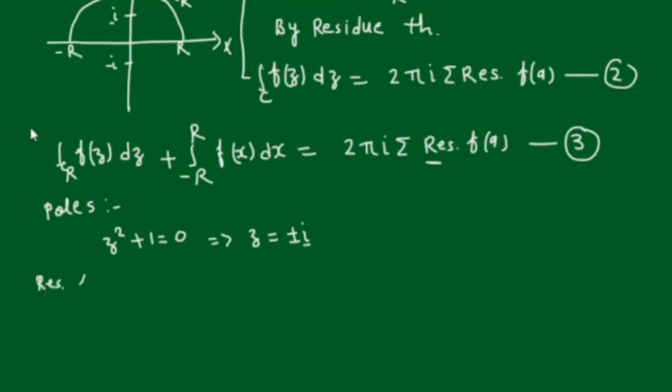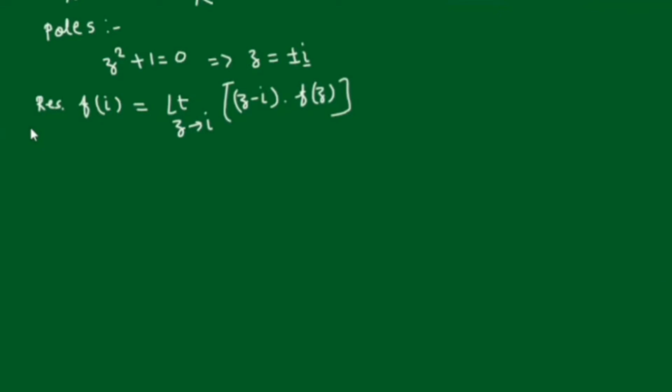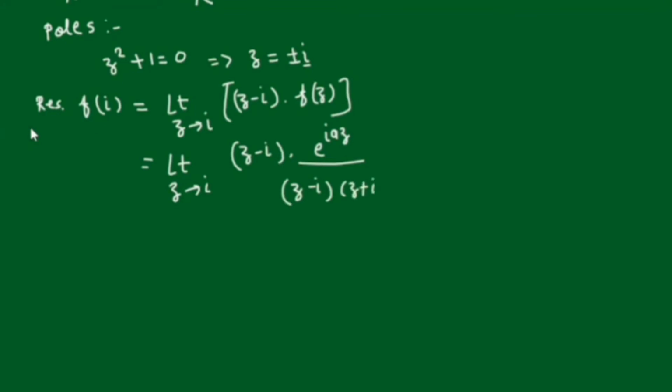So residue at z is equal to iota is equal to limit z tends to iota (z minus iota) into f(z). Now we put the value of function: limit z tends to iota (z minus iota) into e to the power iota a z divided by (z minus iota) into (z plus iota).